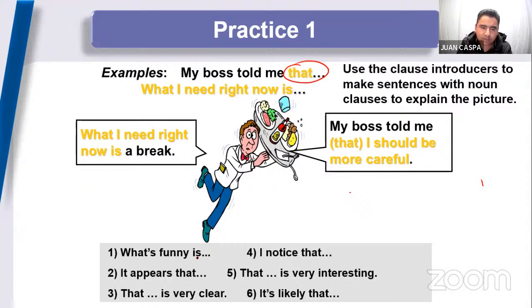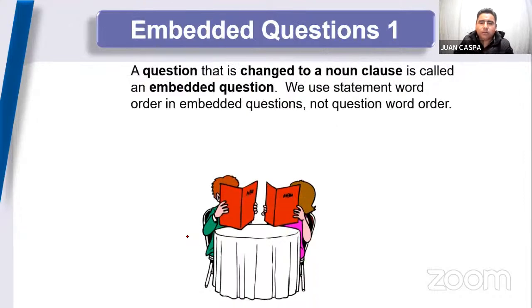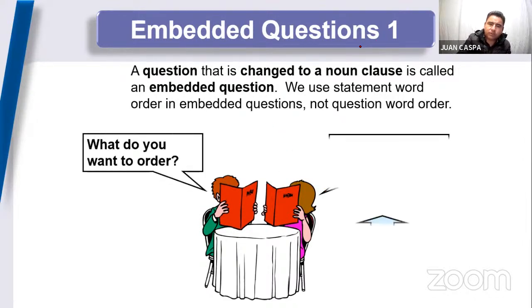That's why sometimes it's not necessary to use strictly that. We can omit it, right? It appears, in this case, it will be rainy tomorrow, right? We can use that. But now in order to understand the embedded question, this is one way of using embedded questions.